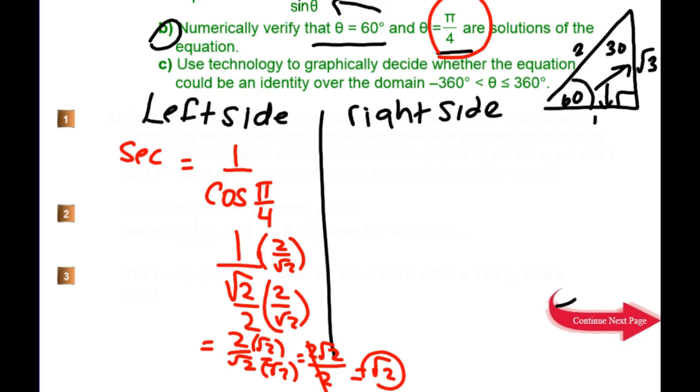That's just the left side. So if we try to make it work on the right side, we should work all the way through and end up with root 2, meaning that it is a solution to both sides of the equation. So our other side of the equation was tan pi over 4 over sine pi over 4.